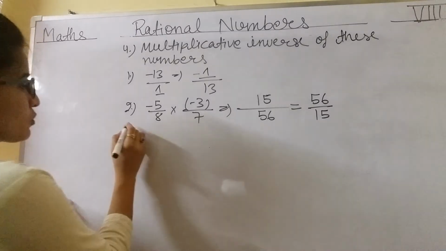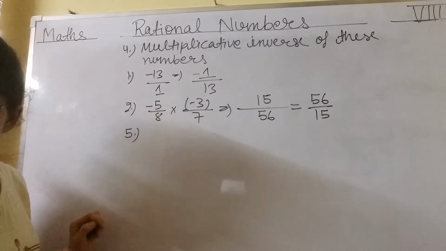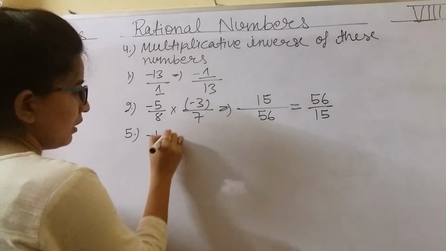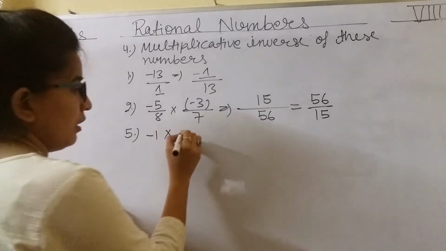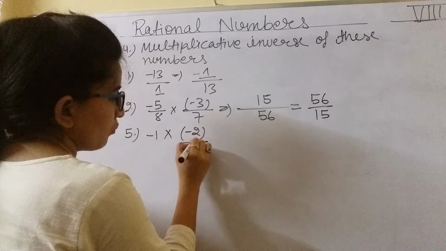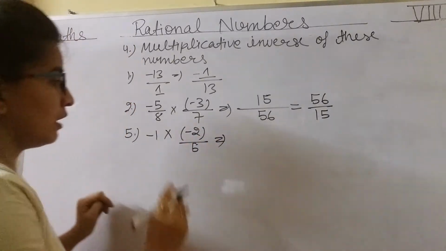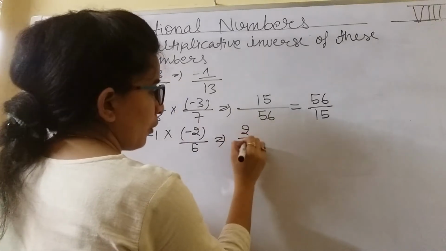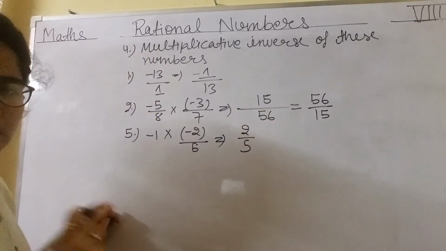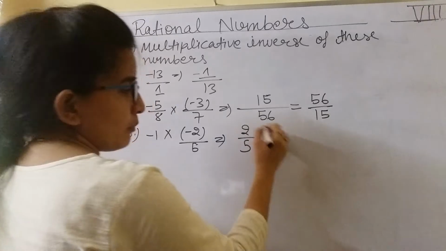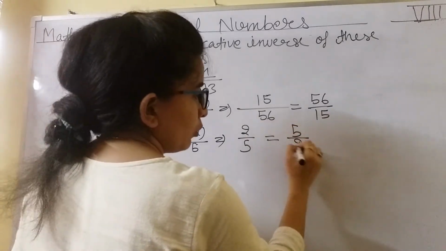Now the next question is minus 1 into minus 2/5. So again I have to solve this first. 1 twos are 2/5, minus will be plus, so I have to take the reciprocal, 5/2.